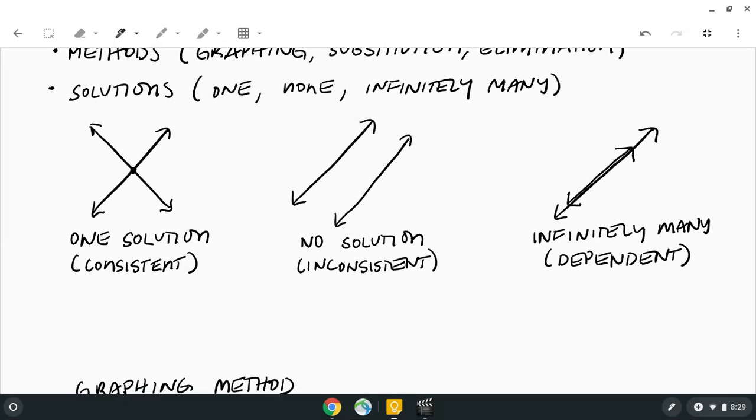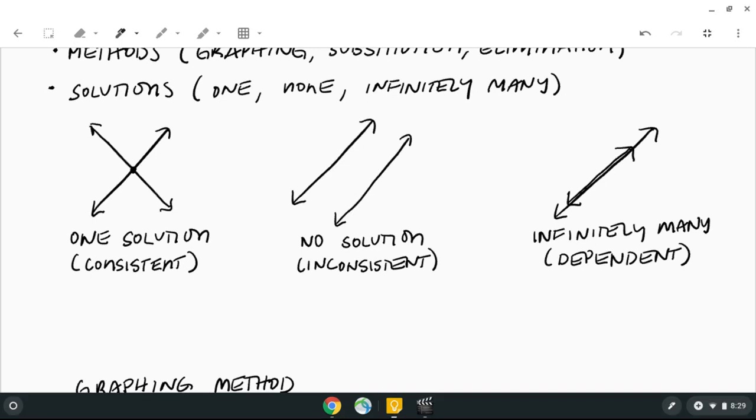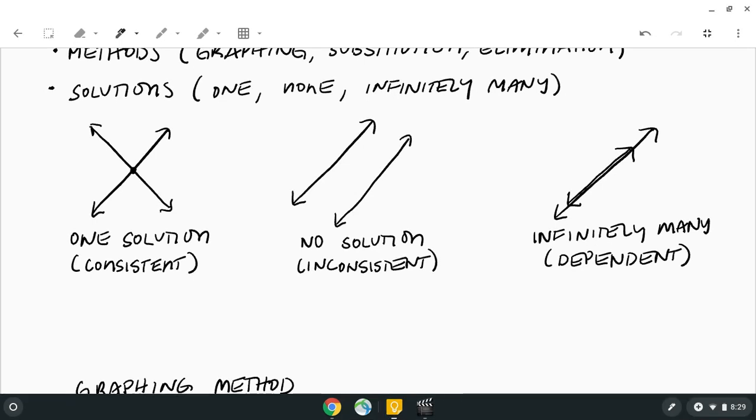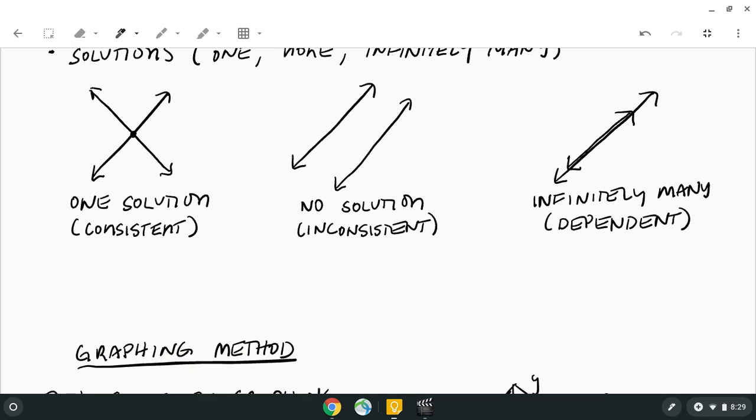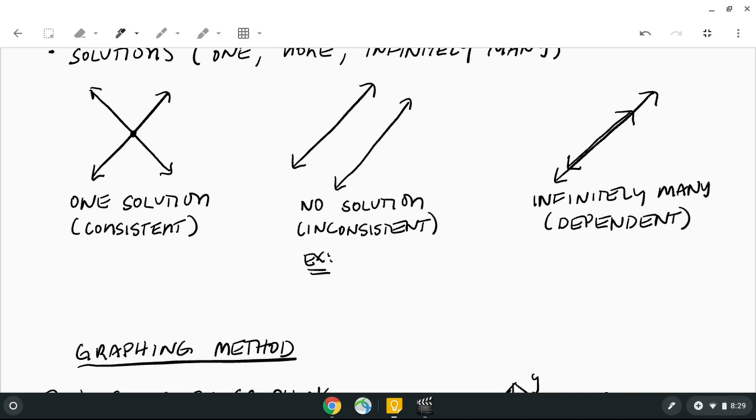So we can tell when we have no solution and infinitely many from the graphs. But if we're not using the graphing method, we're using one of the algebraic methods, then we need some other way to tell. The no solution case would be if you have this example, like what we just had, 0 equals 29.